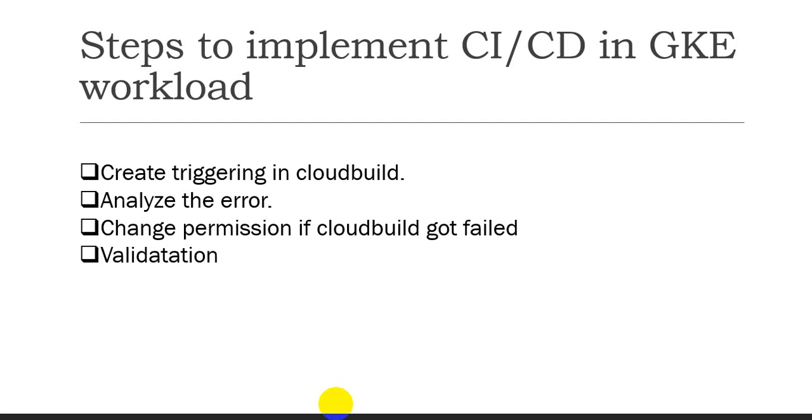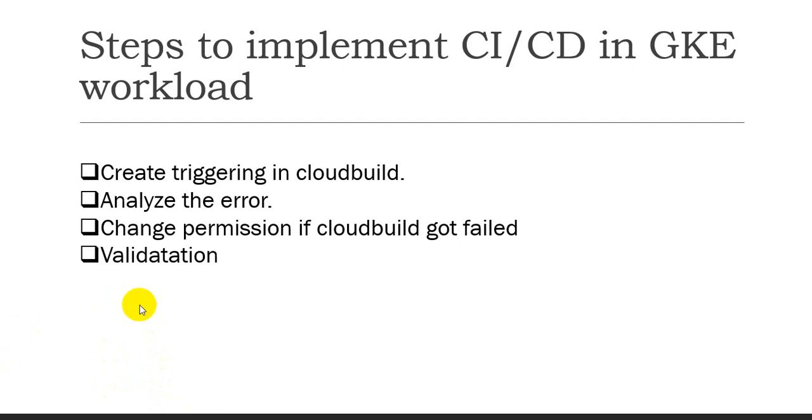Once it has created the updated image, it will be pushed into GCR, which is the Google Cloud Registry, and that image we are already using in our workload. So whenever you change anything and it creates the new build image, the same image would be applied in your workload, so that whatever contents you update in your code would be automatically applied to your destination, which is your Google Cloud workload.